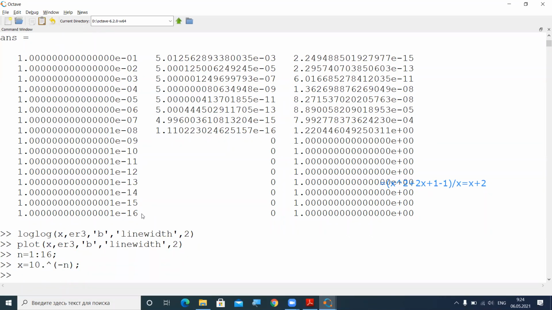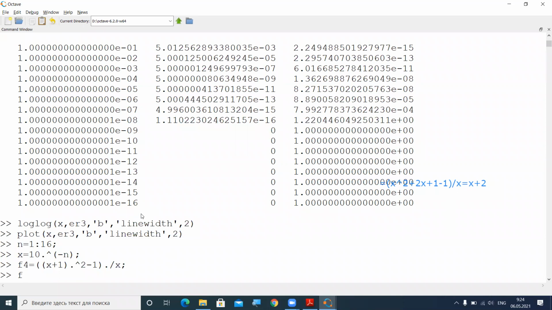Now you can write f4 equals x minus 1 squared, x plus 1 here too, x plus 1 squared minus 1, and over x. So it was the given function, and now for the new function, f4 underline, here we have just x plus 2.